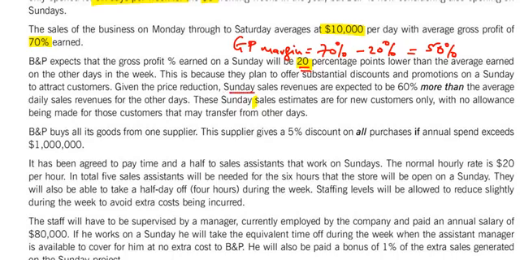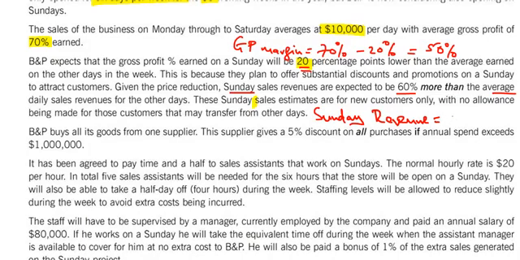There's another statement here. Sunday sales revenues are expected to be 60% more than the average daily sales. So what does that mean? It means that Sunday sales, Sunday revenue, is equal to 60% more.